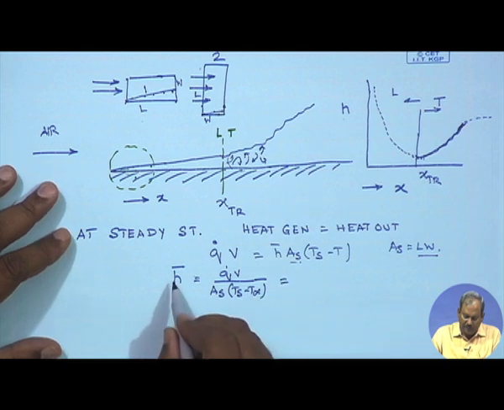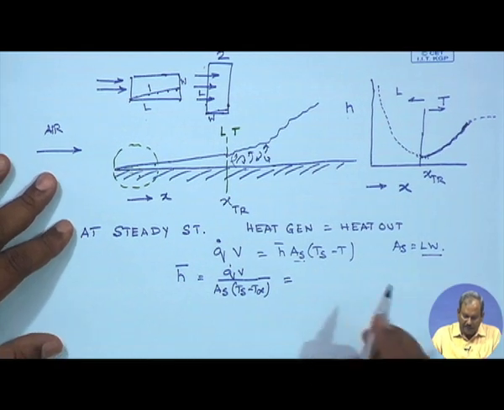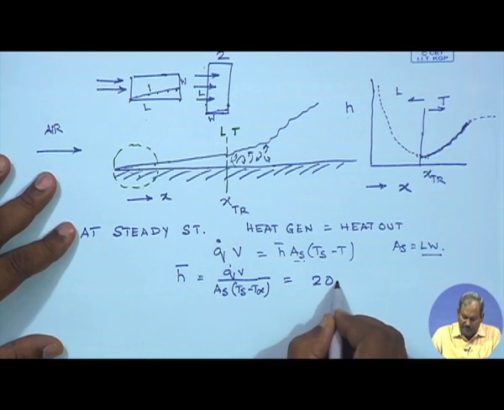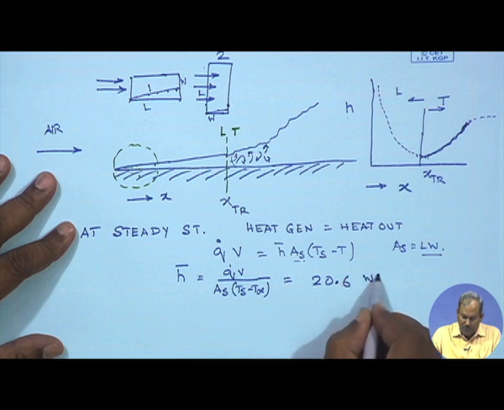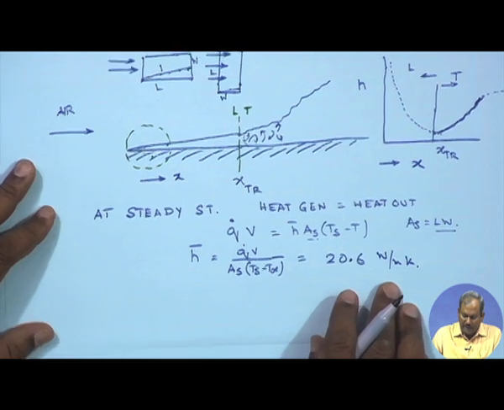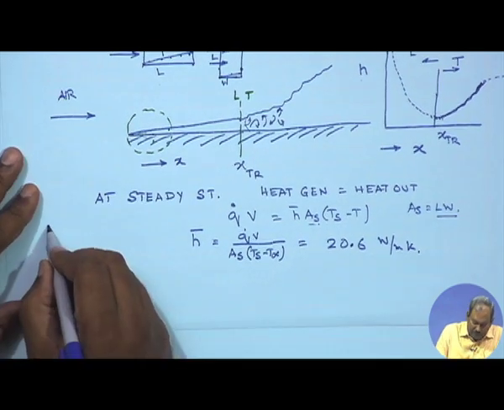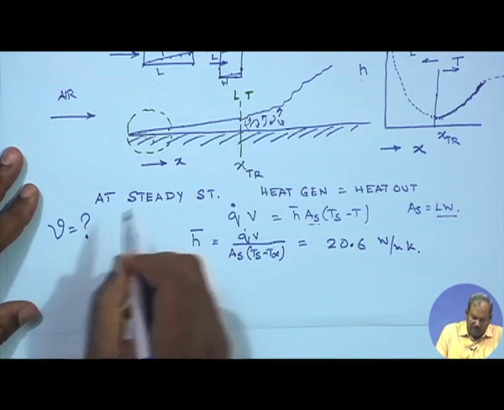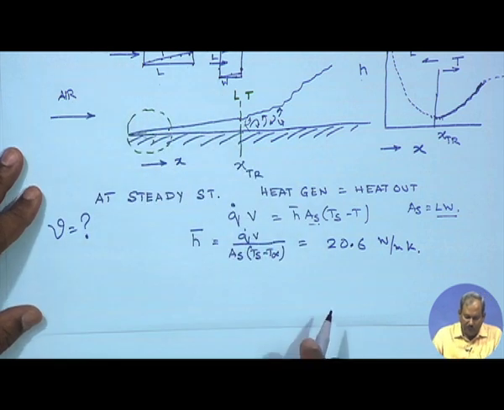So you should be able to calculate the value of the average heat transfer coefficient, which would be 20.6 watt per meter squared Kelvin. So the value of H is known to you. What you need to find is the velocity of air which is going to flow over it.